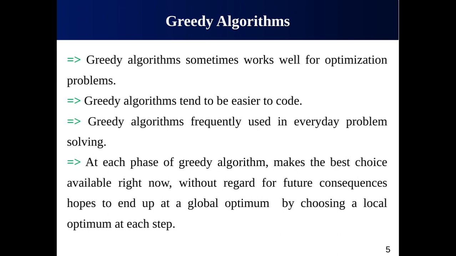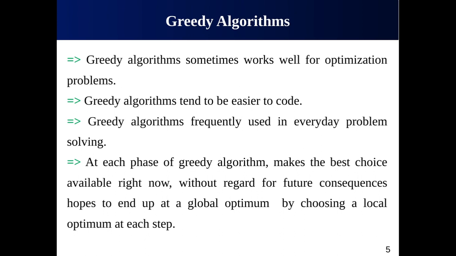A greedy algorithm works in different phases. At each phase of the greedy algorithm, we make the best choice available right now. That is the property of the greedy algorithm. We always want to make the best choice in the current circumstances without regard for future consequences.